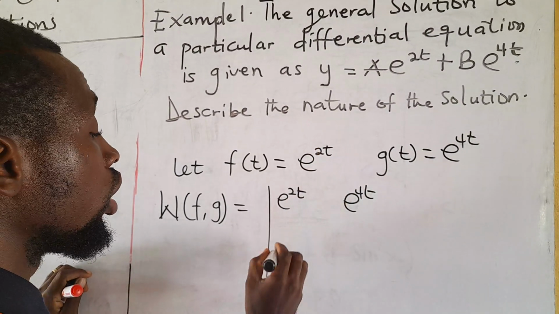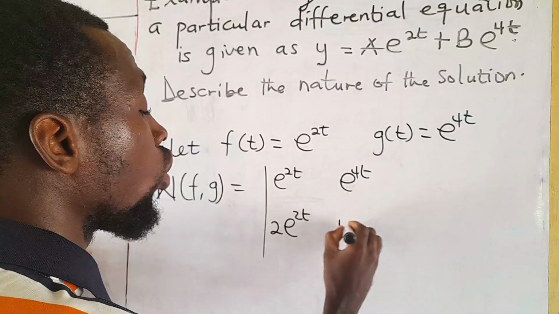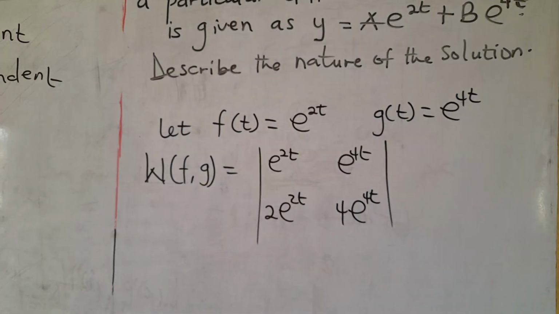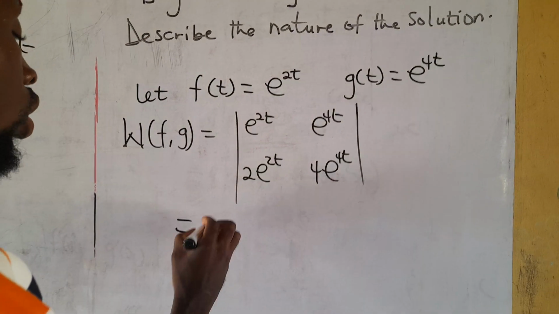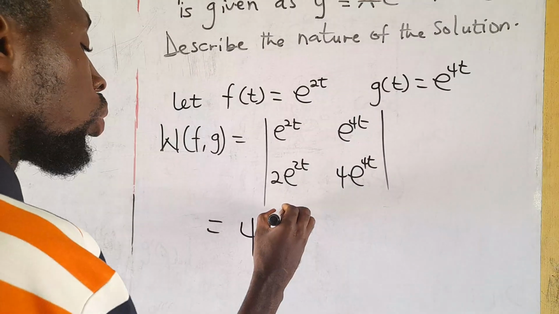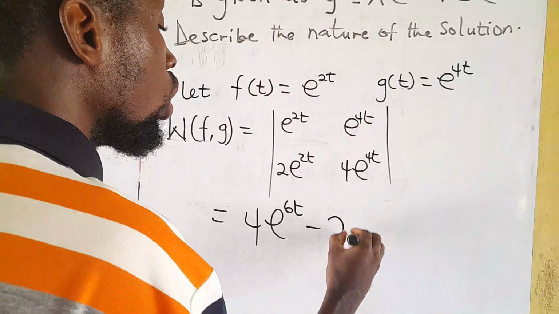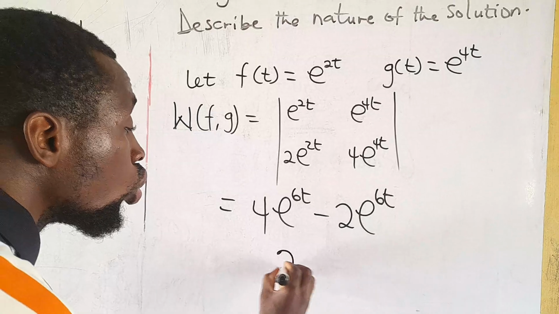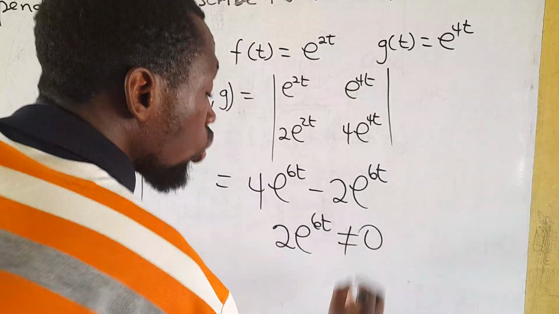Then when we differentiate this, we get 2 e exponent 2t. And this will be 4 e exponent 4t. So we find a determinant. This times this will be 4 e exponent 6t minus this times this, so minus 2 e exponent 6t. This minus this will give us 2 e exponent 6t. And this is not equal to 0.